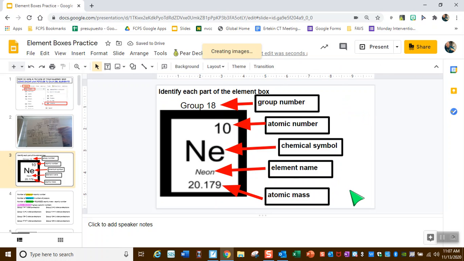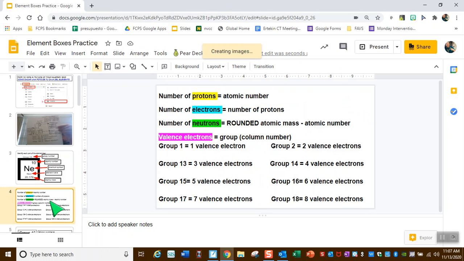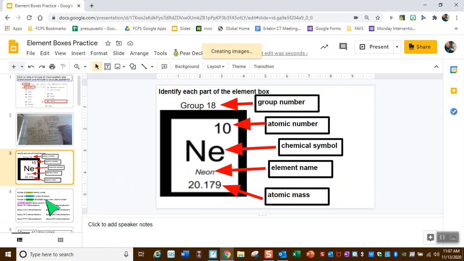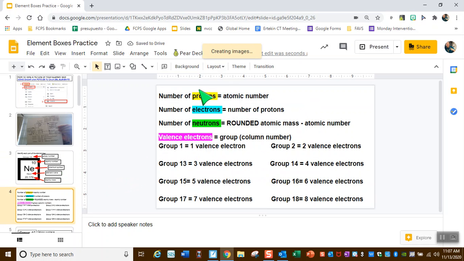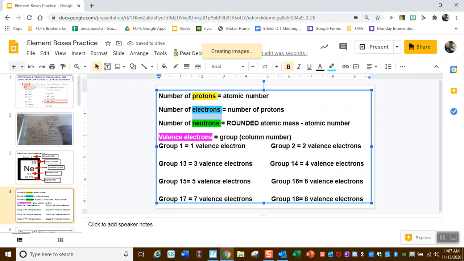So you need to know the different parts of an element box. Okay, this tells you everything you need to know about an atom and how to read this information, okay? When you read this information, you can tell me how many protons, electrons, neutrons there are, and the valence electrons.